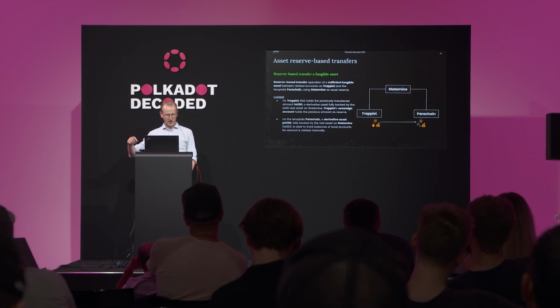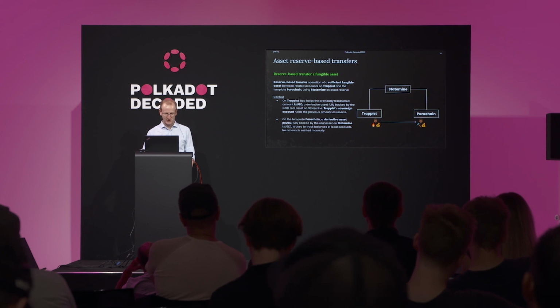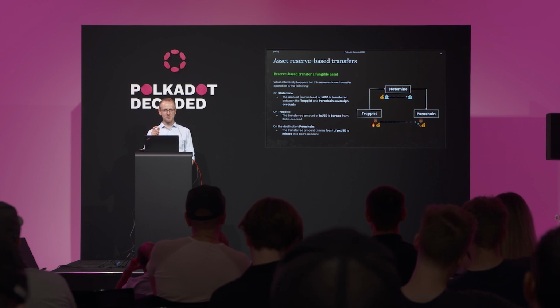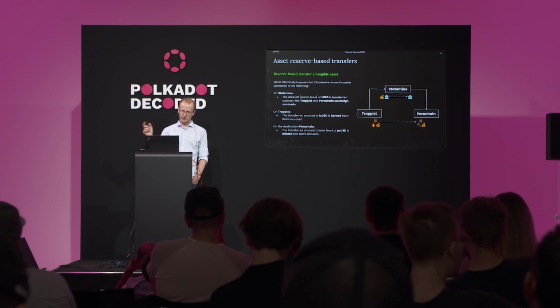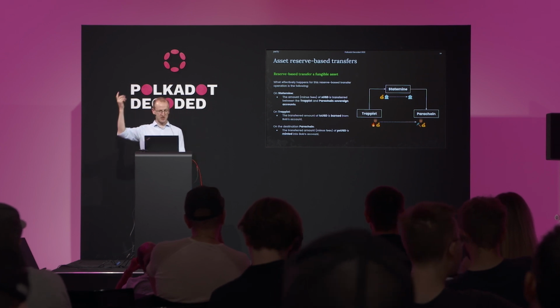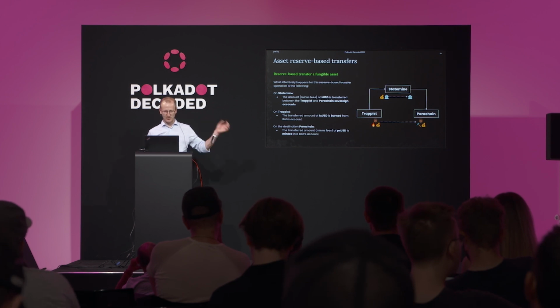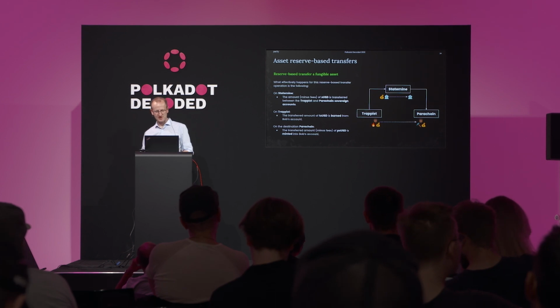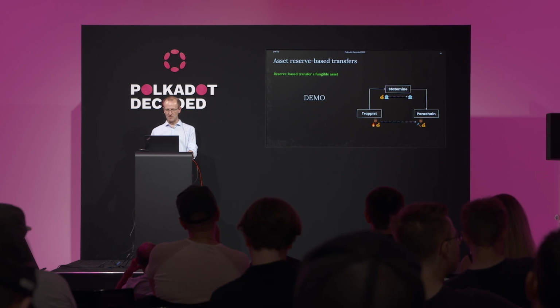So what I'm going to do is create an additional derived asset on the receiving parachain. And effectively what will happen is a fund movement between two sovereign accounts on StateMine. And on the originating chain, the asset will be burned, and on the destination chain, the derived asset will be minted. Demo.